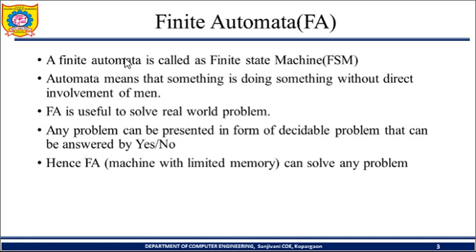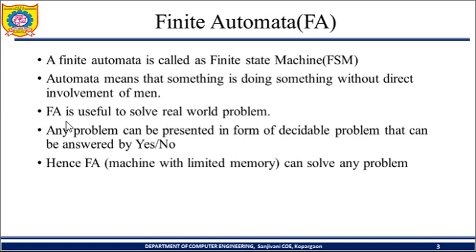In the machine function, the current state, by receiving the current input alphabet, will get the output. Another one is the state function. In the state function, the current input alphabet will give the next state. Automata is a Greek word which means something is doing something without direct involvement of man.